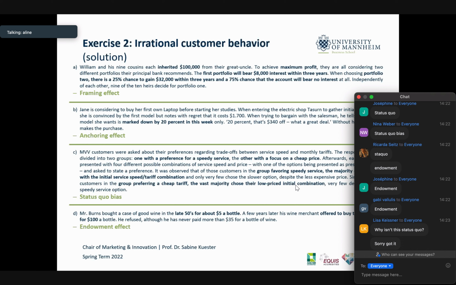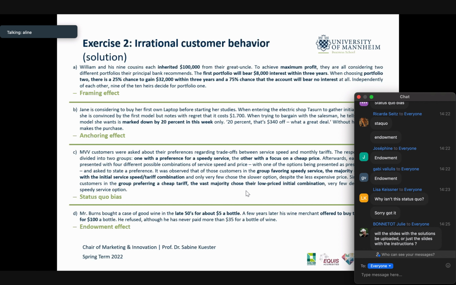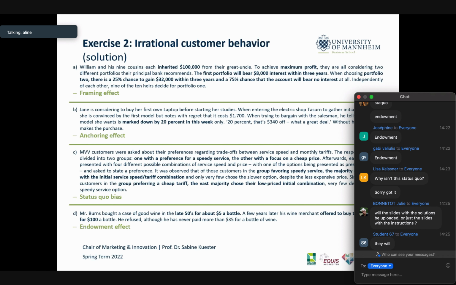No, Hugo, I think they could change to the less expensive version, so they could change to the other group, but they stayed with their speedy service, and the group with the cheap tariff stayed with their cheap version. Although maybe both aspects are equally important to customers in general when you go and choose a tariff in the first place. But once they had the tariff, they just stick with their tariff.